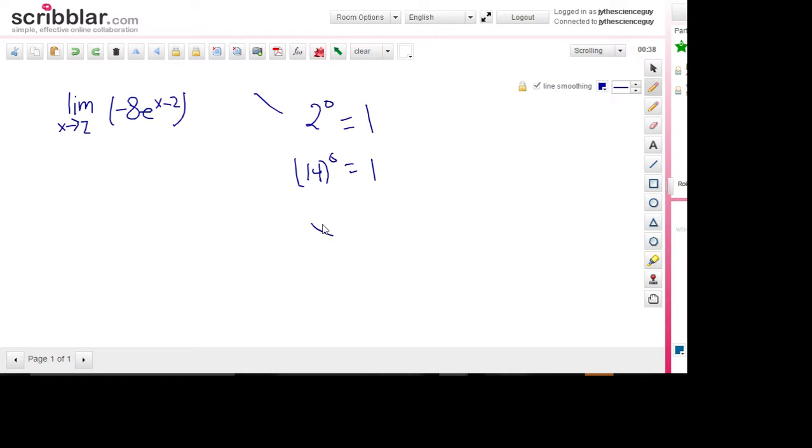What is this equal to? 1. So when you stick the 2 in here, what do you get for the exponent of the e? 0. So what do you think e to the 0 is equal to? 1. What's 1 times -8? Negative 8. Does that make sense now? Yeah.